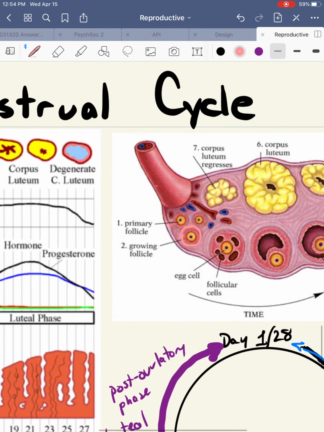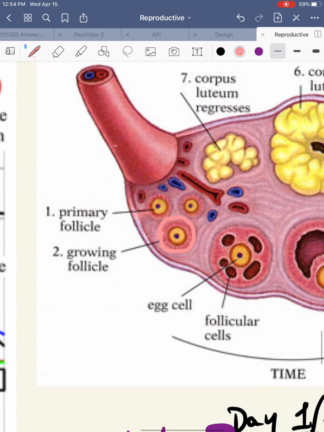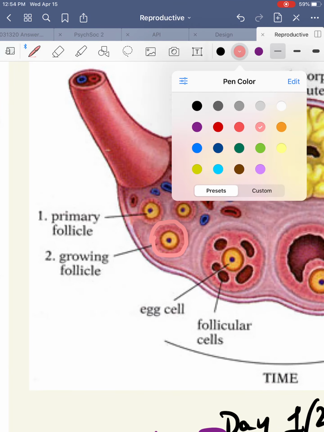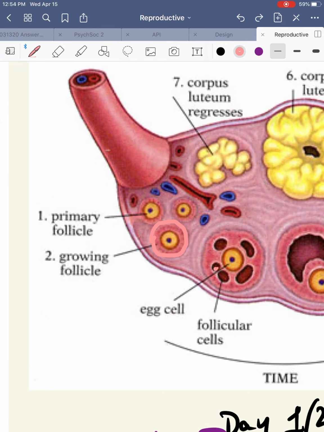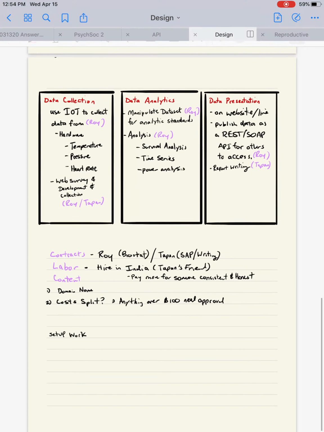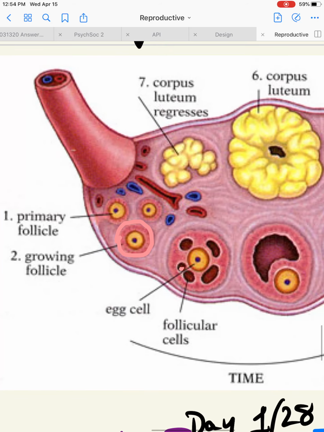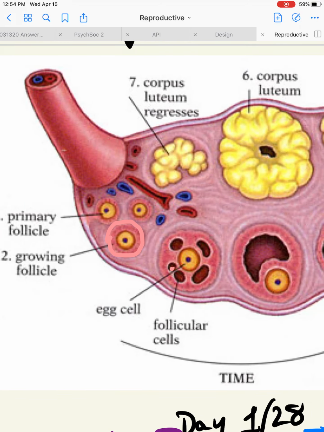So let's look over here. This is the egg cell, and these are the follicular cells, right? We call this whole thing an ovarian follicle, right?